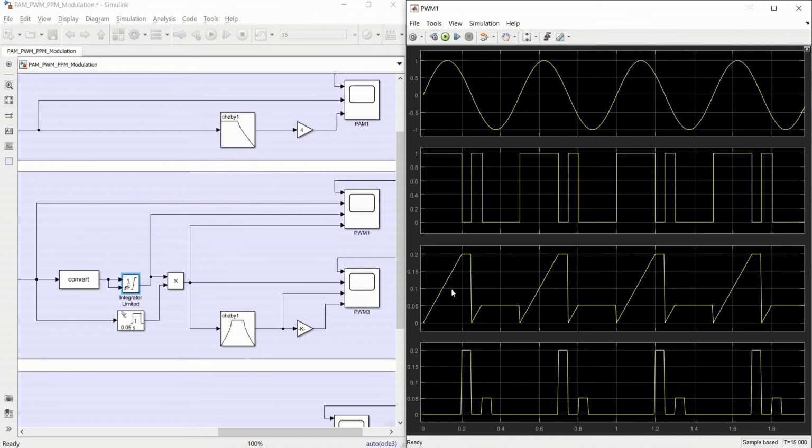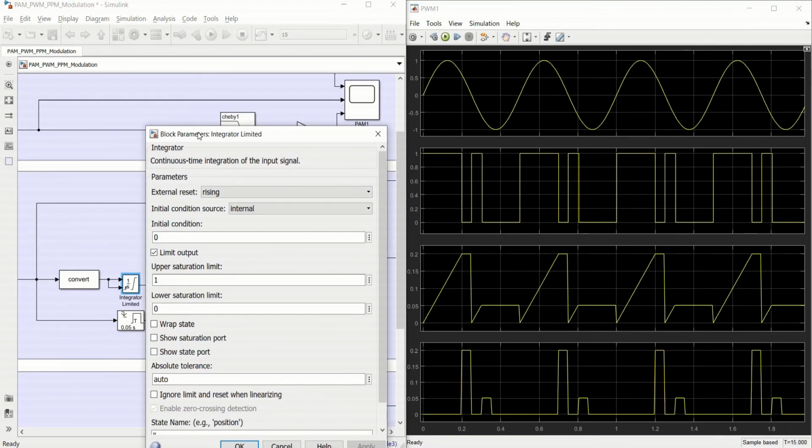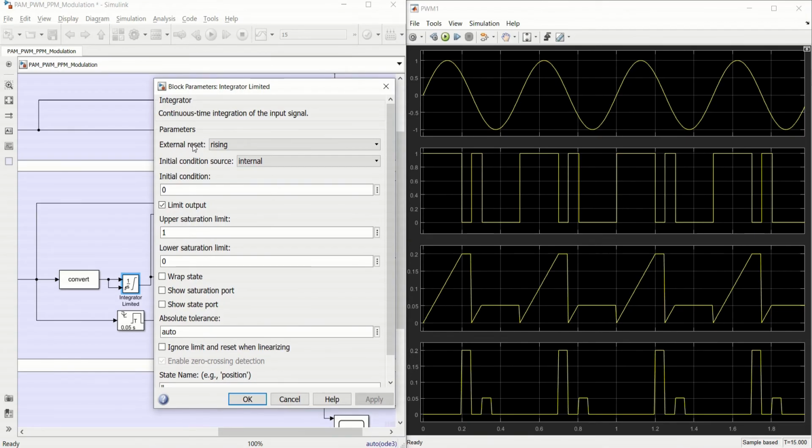So in this third waveform, what we have is we have an integration which starts at 0, right? And it would integrate until this point, and after that the value is 0, so this integration would have a stable value. But whenever there is a rising edge in this waveform, at that rising edge we are going to reset this integrator. So this is the property of this integrator, that we have an external reset at the rising edge.